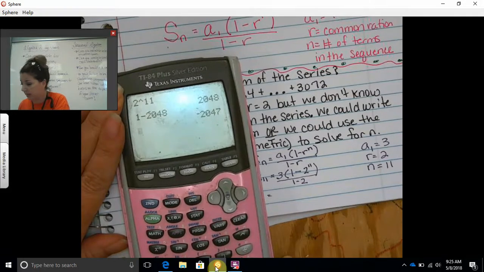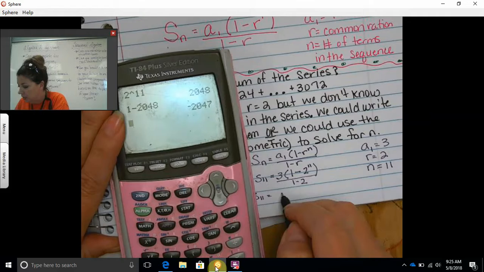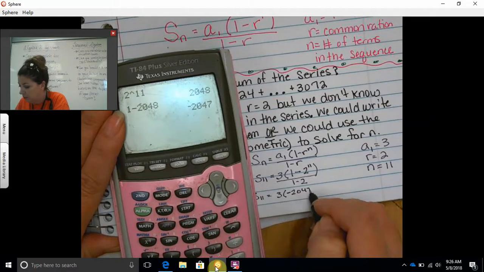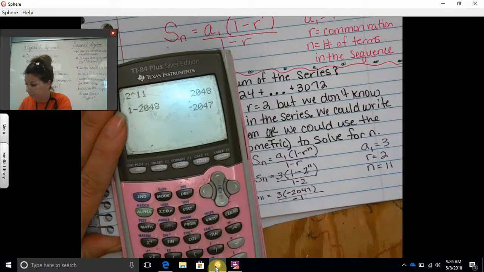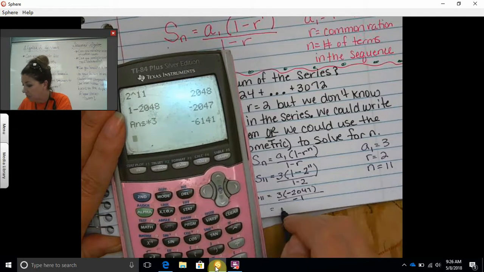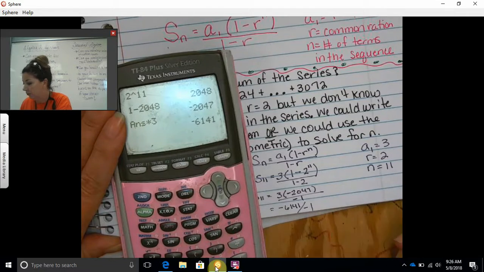I'm running out of room, so I don't have space to write all this down. So that's 3 times negative 2,047 over 1 minus 2 is negative 1. Multiply my numerator together, so negative 2,047 times 3. I get negative 6,141 divided by negative 1.